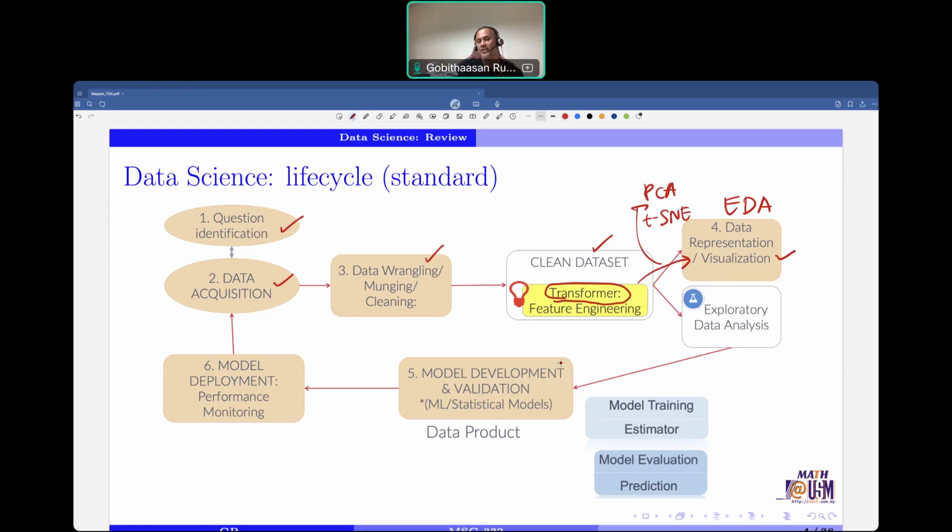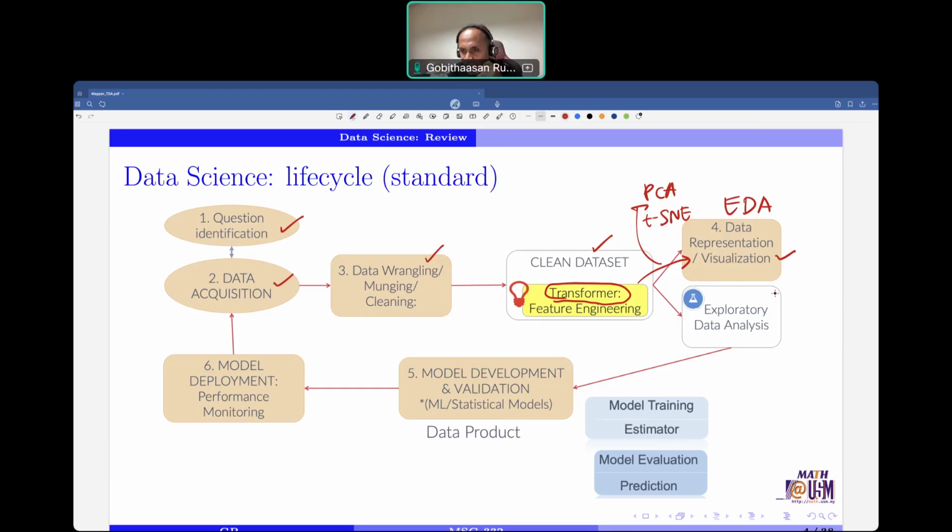You might want to do standardization or normalization of your data, right? You might also introduce a new feature using existing features. Those kinds of things fall under feature engineering.